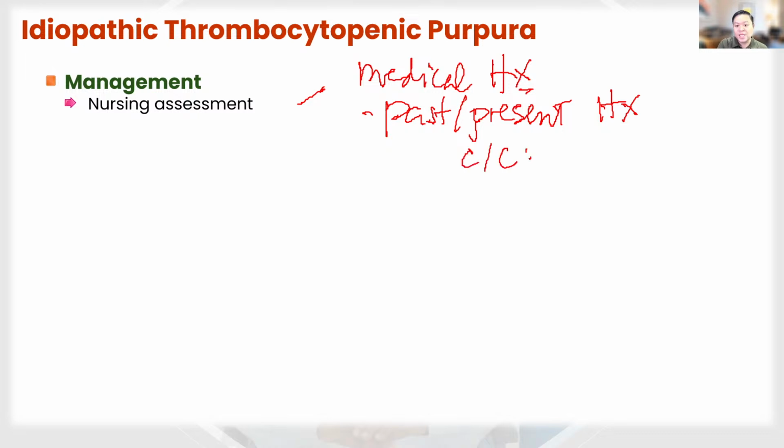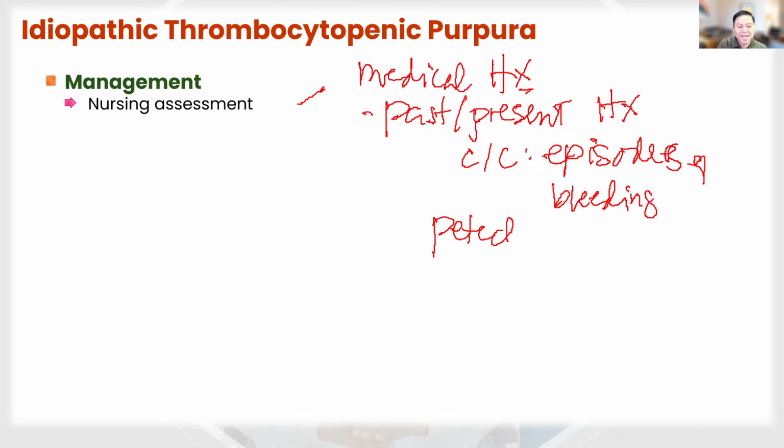We need to determine if they had any episodes of bleeding, right? Of course, they're going to come into the hospital because of the bleeding, but we're going to ask them how severe the bleeding has been. Let's say the petechiae, the ecchymosis, the heavy menstrual bleeding, and also the incidence of the bruising.